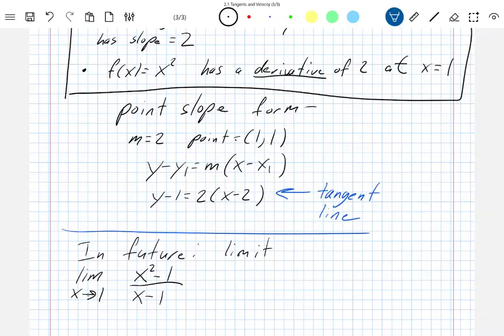What happens when I get really, really close to 1, but I can't plug it in? This is the slope of my secant line, but if I plug in a 1, the denominator is 0 and I'm in trouble. So what happens when I get really, really close and I make that table, but I don't actually plug in 1? Does anything nice happen? This lim here, this little thing on the left, is called a limit. In this case, the answer is that that limit is equal to 2.